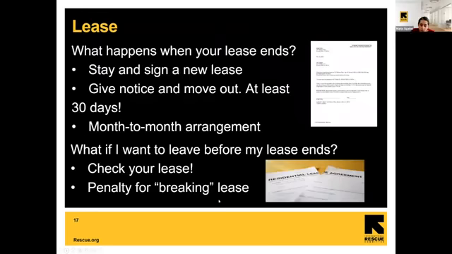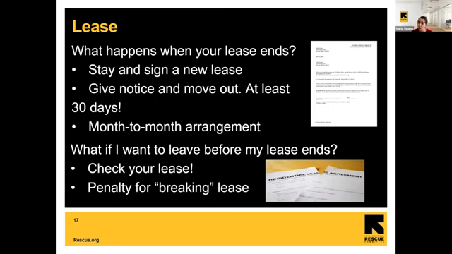So a lease, again, is meant to protect you in some ways. It's telling you exactly what you're responsible for, exactly what the landlord is responsible for, and it's also there for the landlord's benefit too, to protect them in case something goes wrong. So the number one thing that we always recommend is, please read your lease.